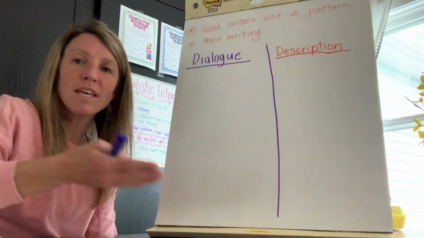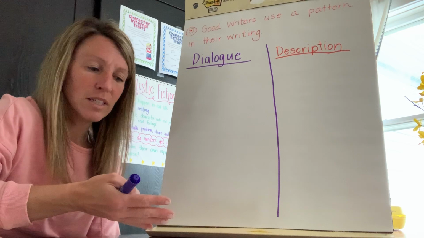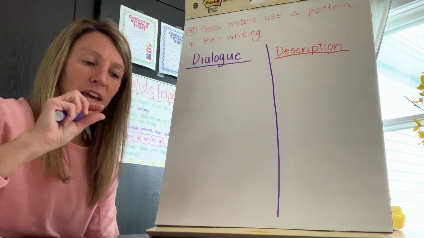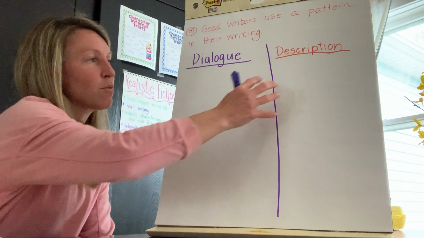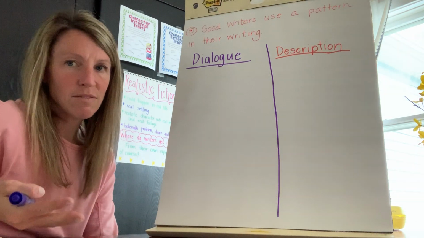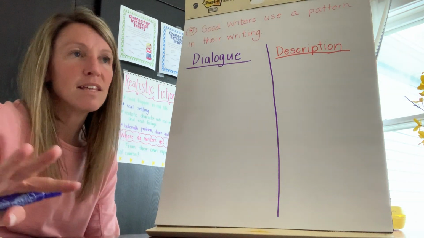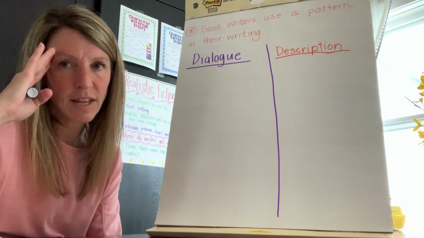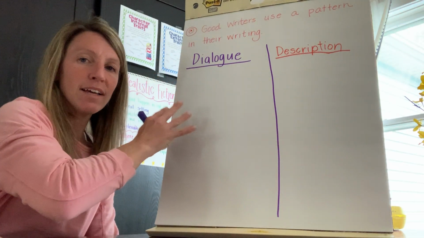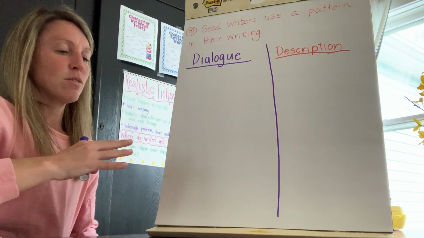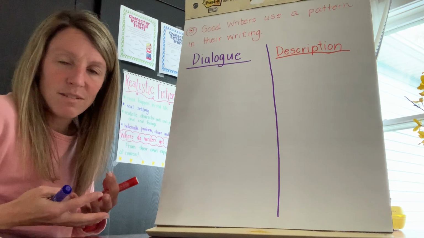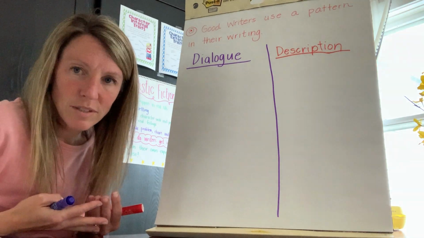But if you use that perfect pattern, then it'll be a perfect story. So the description is the meat. Think of it as a TV. We need to see that whole movie in our mind as we're reading it. And the dialogue is what the character's saying, which is also equally important.